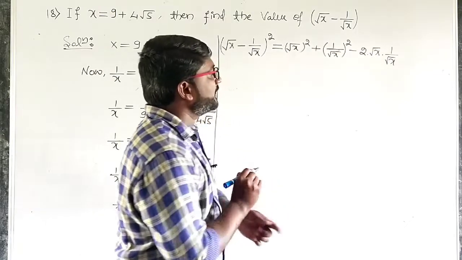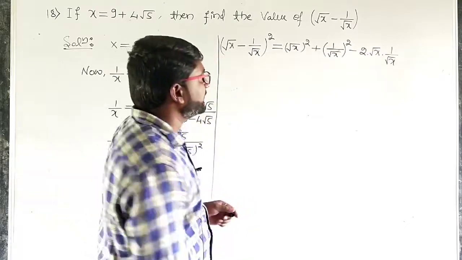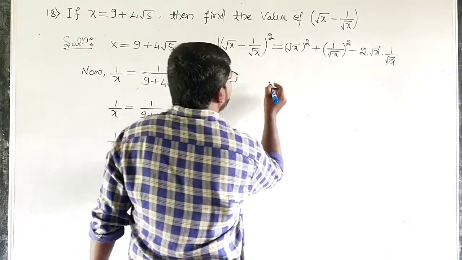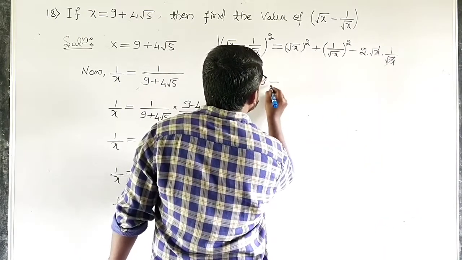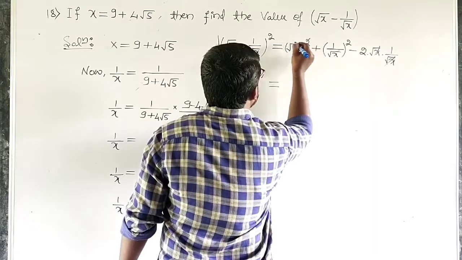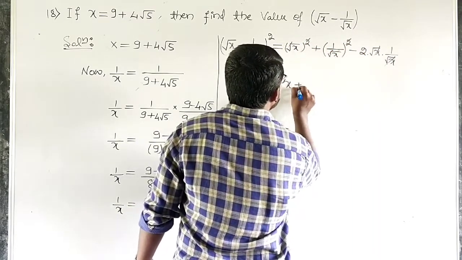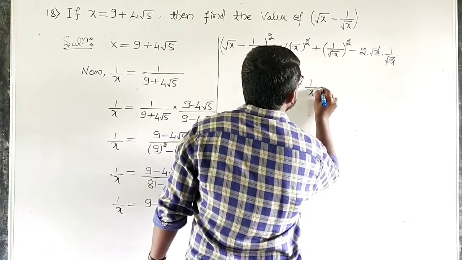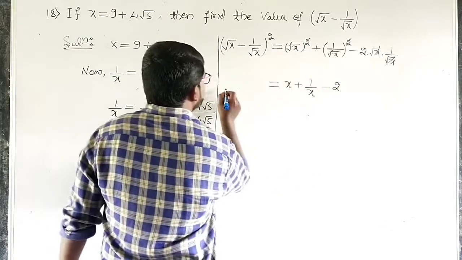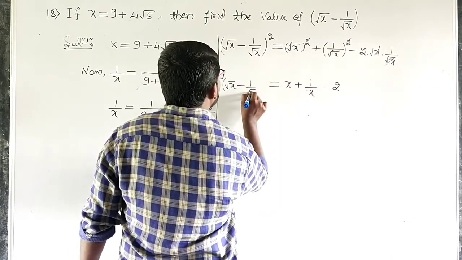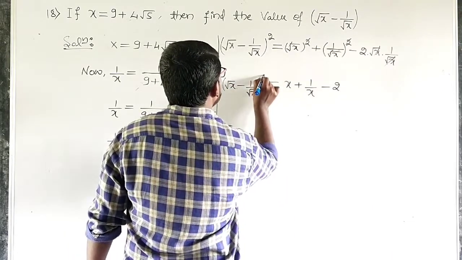So now root x and root x get cancelled, and square and root get cancelled. Here also square and root get cancelled. We have x plus 1 by x minus 2. So this is root x minus 1 by root x the whole square.